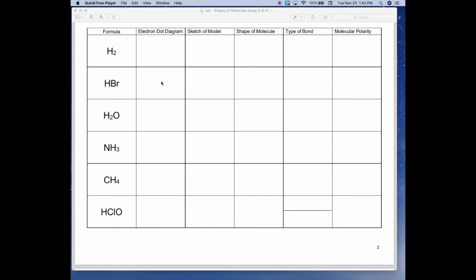But if there is a lopsidedness of charge, lopsidedness of electrons, then it is going to be polar. Something like water, something that has lone pairs on the central atom, that one is always going to be polar. Okay, so just a few helpful hints.